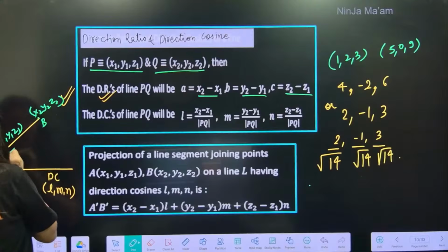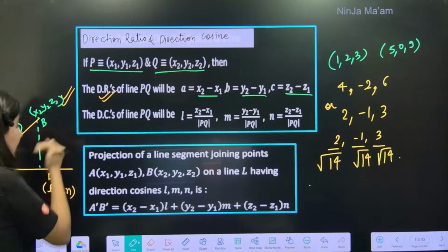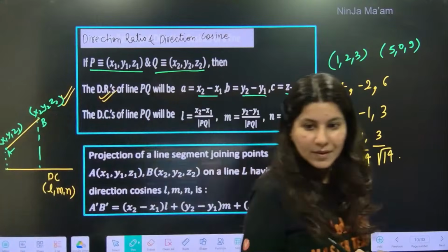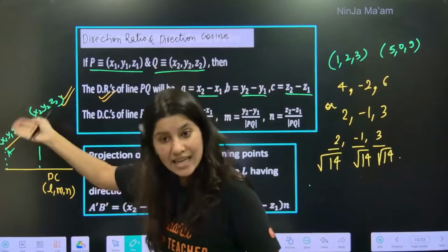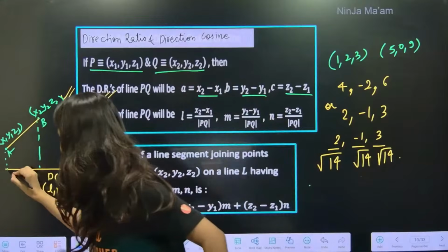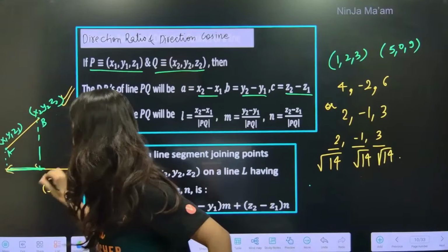Now you are looking for the projection of a line segment on a line. That means you are looking for this particular length. So it is very simple.